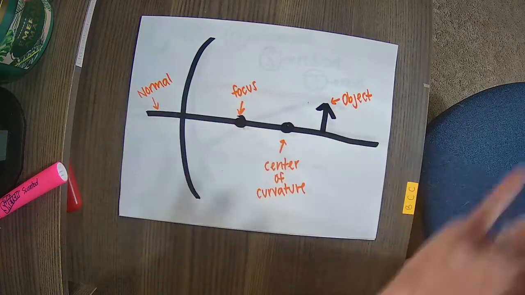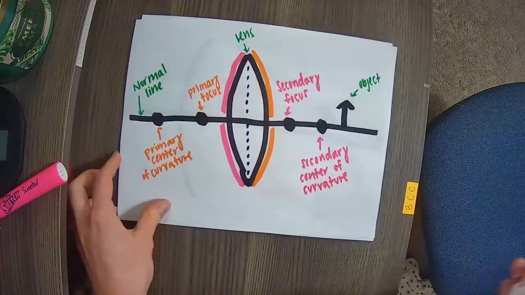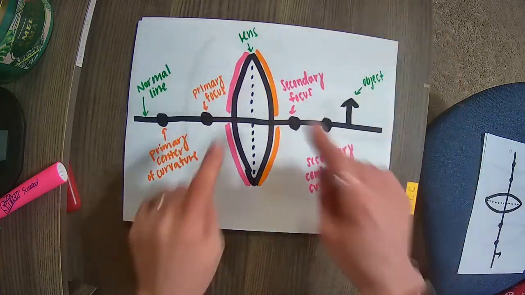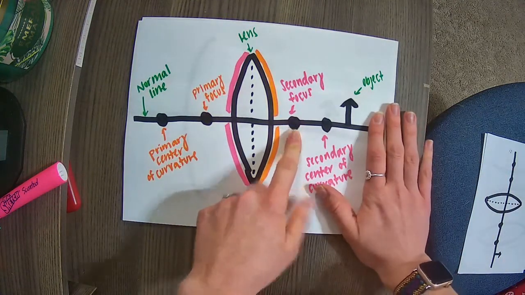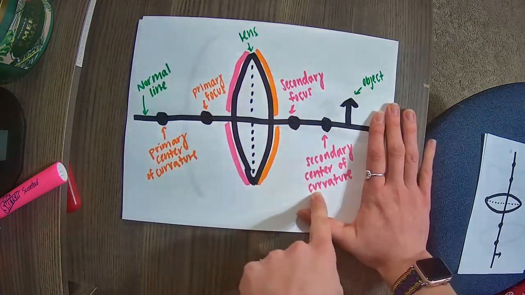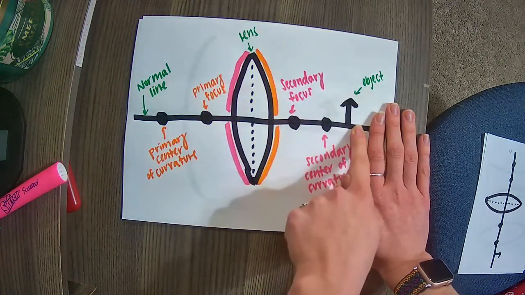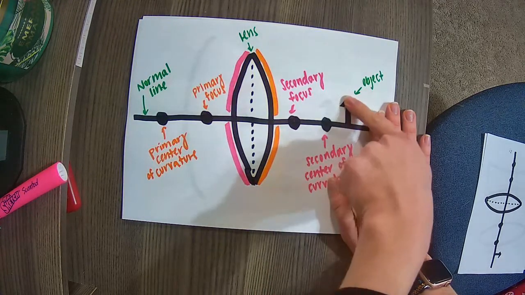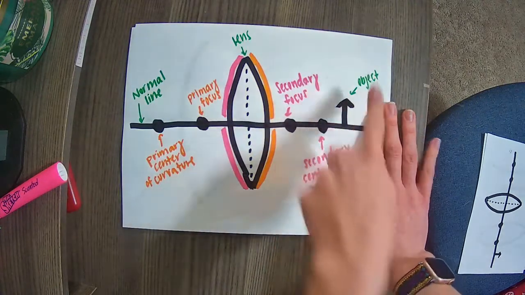Similar setup, but for lenses, we've got twice the amount of curves, so we'll have twice the amount of foci and centers of curvature. Imagine we still have our object that we had previously, and light is coming from where the object is.